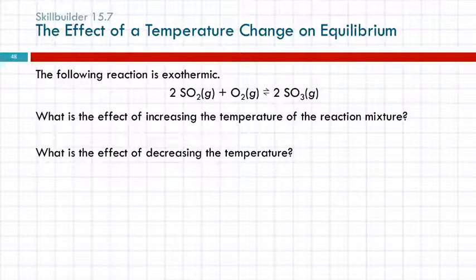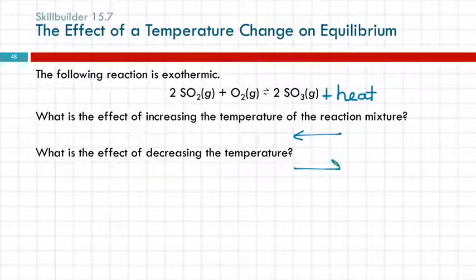Exothermic, does that mean heat is a reactant or a product? It's a product. So plus heat. Write that in. Then answer the question, what's the effect of increasing the temperature? Increasing the temperature is adding heat. It'll go to the left. What if I decrease the temperature? It'll go to the right.